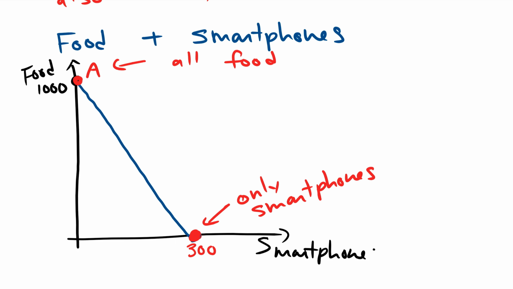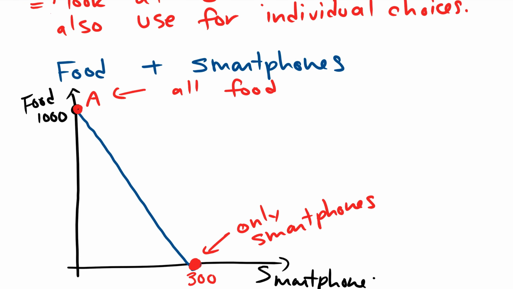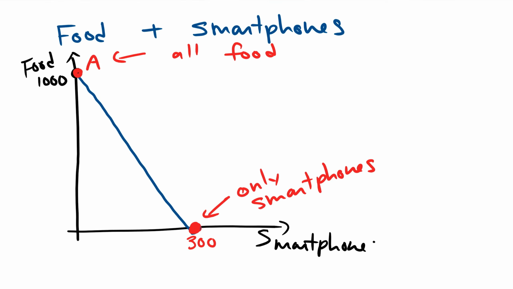So A is a very extreme point. If you remember your XY coordinates, the coordinate is 0 for our x-axis, the smartphones, and 1,000 for our y-axis of food. The other one is the opposite: we have 300 smartphones, but our coordinate for food is 0, right?